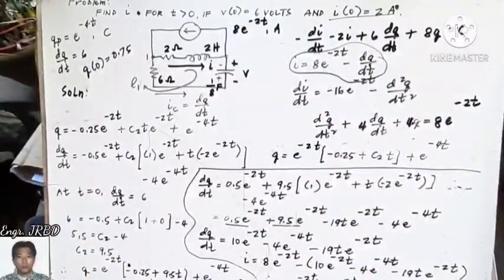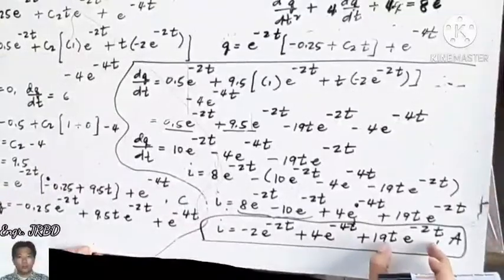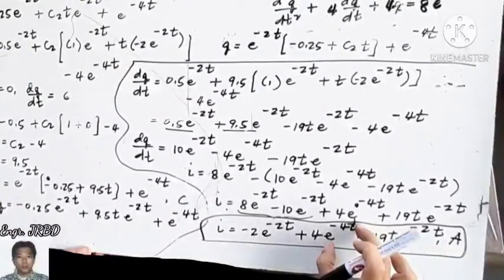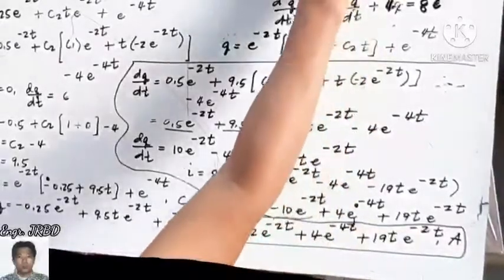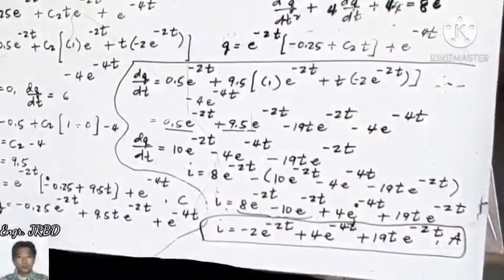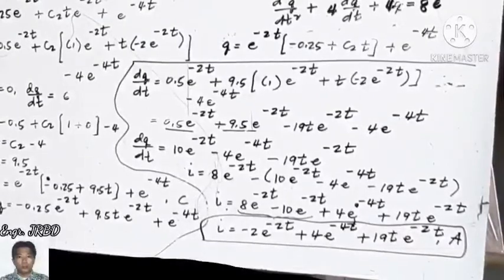So at time t equals 0, this quantity will become 0. This is 1, negative 2 plus 4, you will get your 2 amperes. That is one way to validate whether the transient expression of I that you obtained is correct. Okay?